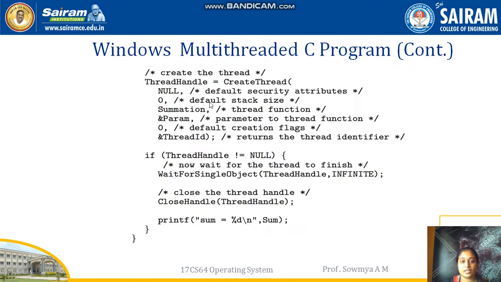This function is given as an argument to CreateThread. So Summation is called through CreateThread, and the parameters are passed along with the thread ID.